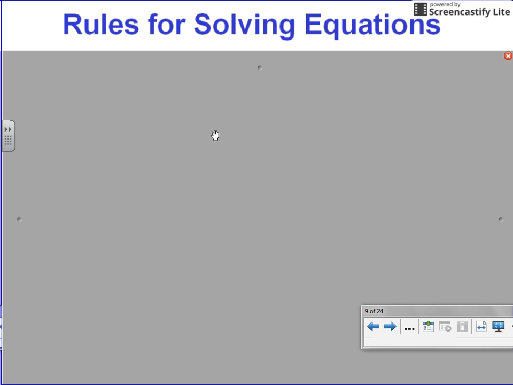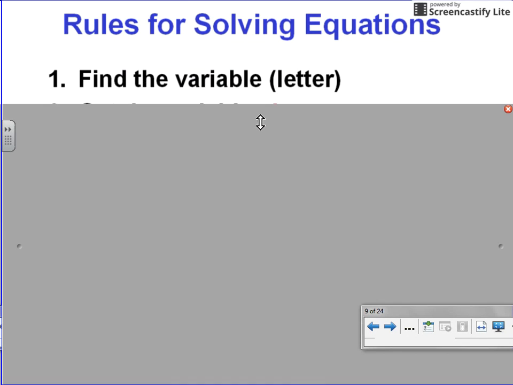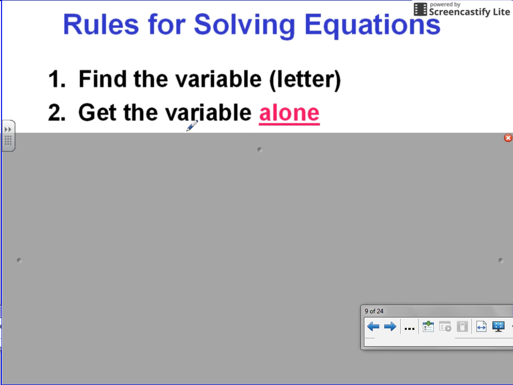So I've got a 3-step process here when you're solving equations, and I want you to write down these 3 steps. First step, you've got to find that variable. Where is it? Because once you find it, then the second step is we have to work at getting that variable alone.